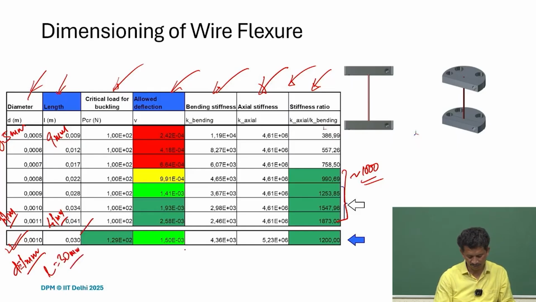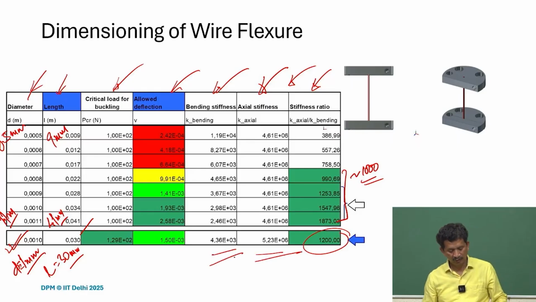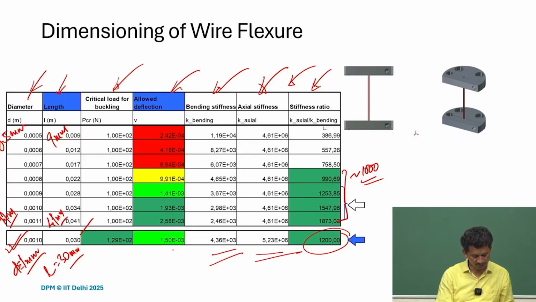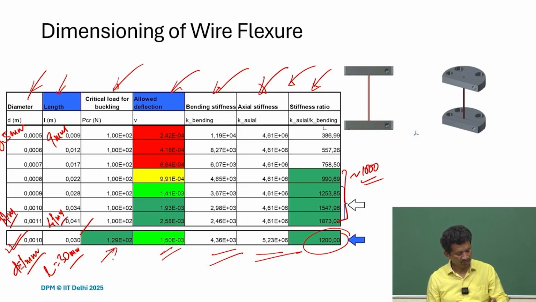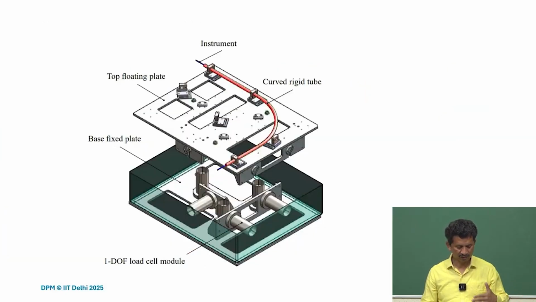And accordingly, you can see the ratio is 1200. The axial stiffness is this, and the bending is this. So all this we can see here. 1.5 mm is the allowable deflection. The buckling load is also high, 129 Newton. So we can work with these kinds of numbers, and we can further develop.